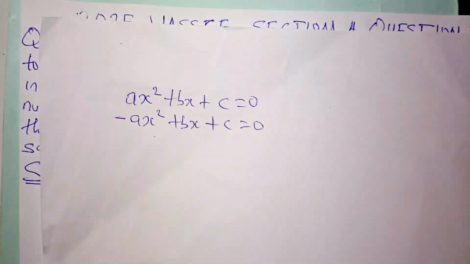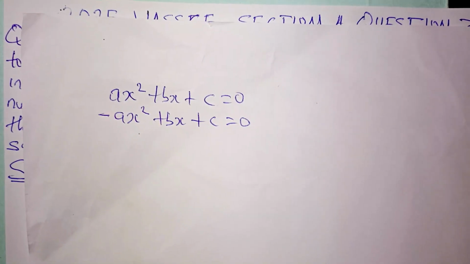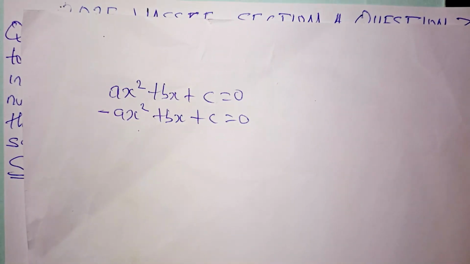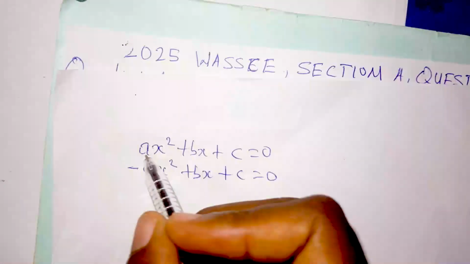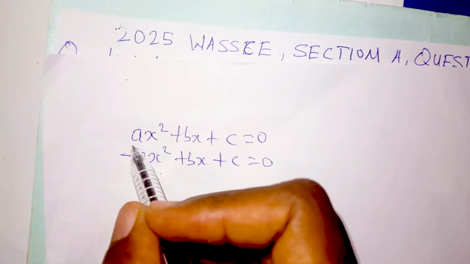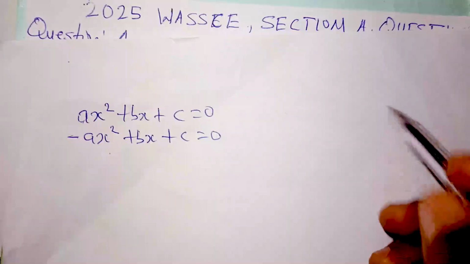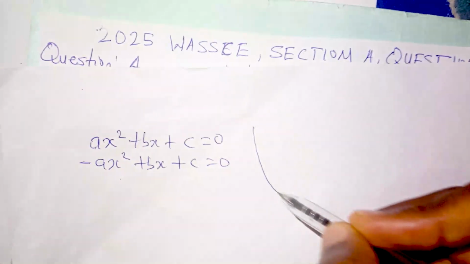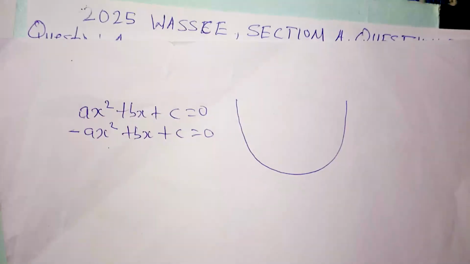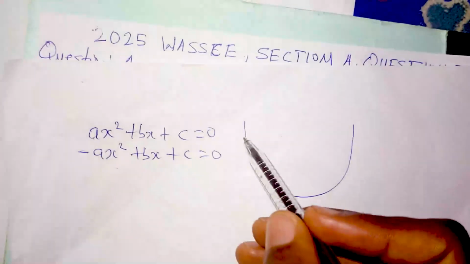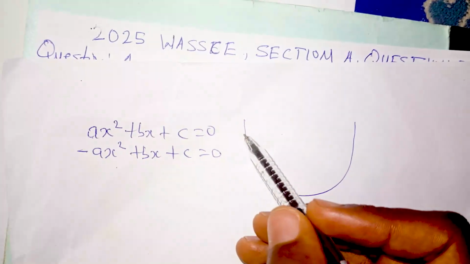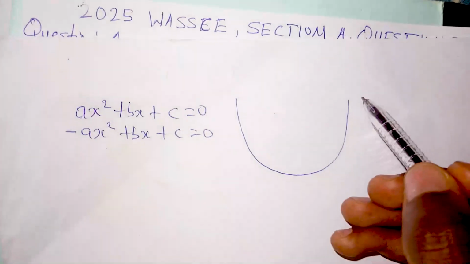If you are very conversant with quadratic graphs, you notice that whenever the coefficient of your x squared is a positive number, like in this first case, your graph is going to have a minimum value. It's going to be a graph that is initially falling, then it starts rising.